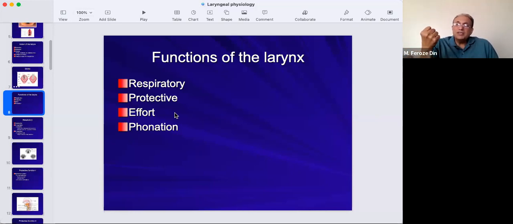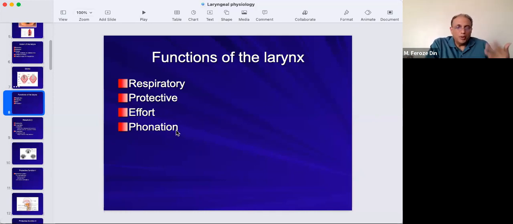Against the closed larynx, you make an expulsive effort so that the chest becomes tight. It is during that closing of the larynx and making that expulsive effort that you get this grunt. And that helps in effort.